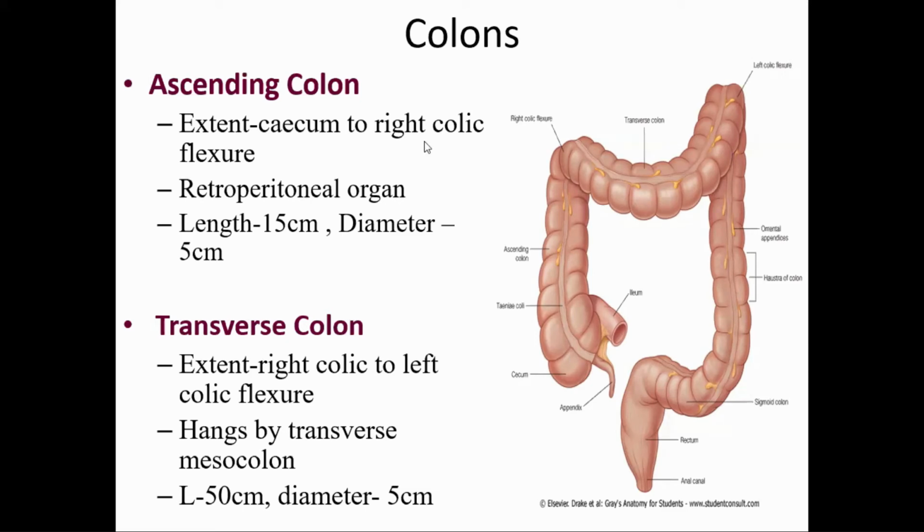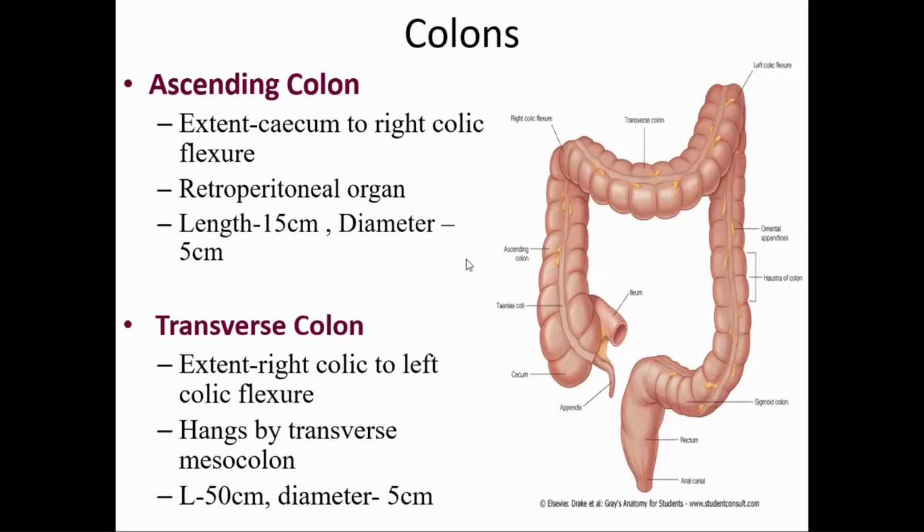Because the normal position of the cecum is in the right iliac fossa. So the right genitofemoral nerve, right femoral nerve, right posterior cutaneous nerve of the thigh, right psoas major, and the iliacus muscle. These are the posterior relations of the cecum.